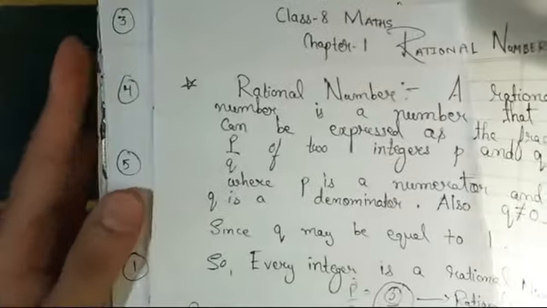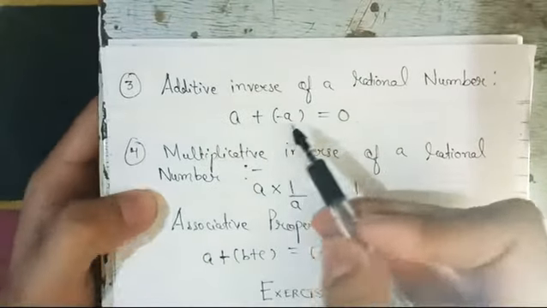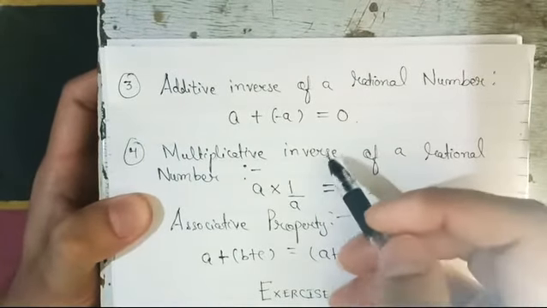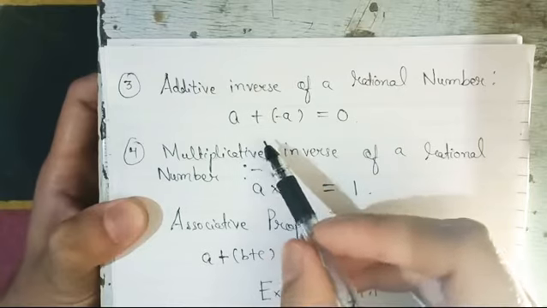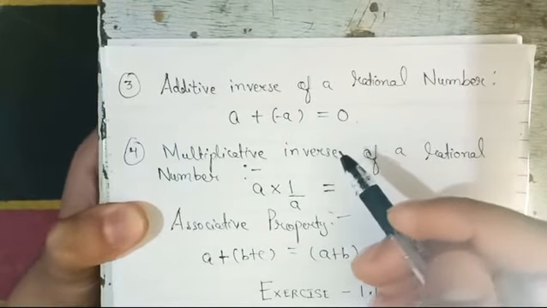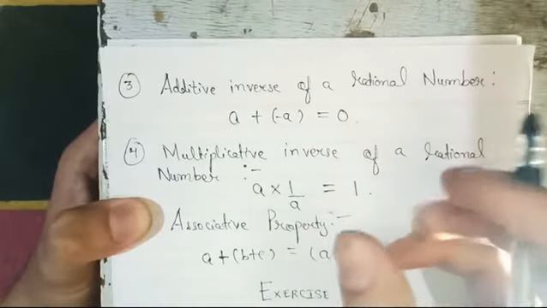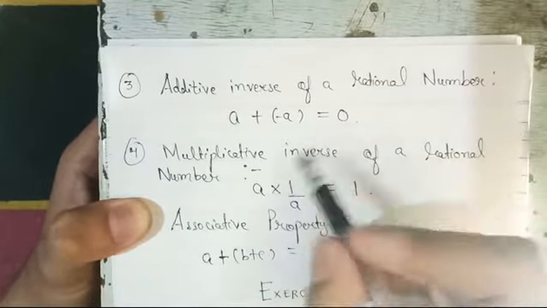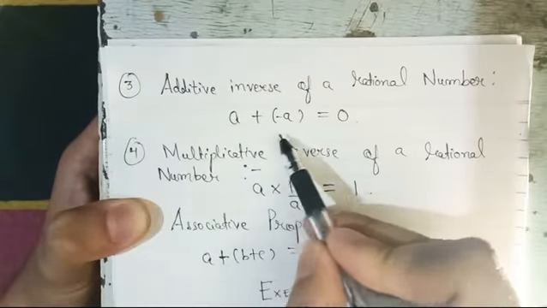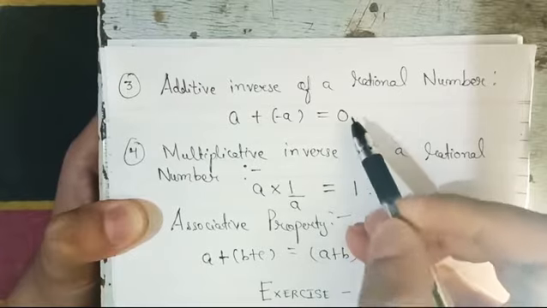And now proceeding to the third property. Look at the third property, additive inverse of a rational number. Suppose a rational number a is given, and if we want to add some other number so that the sum of these two numbers will be 0, how can it be 0?